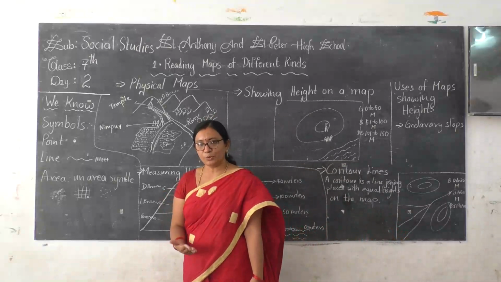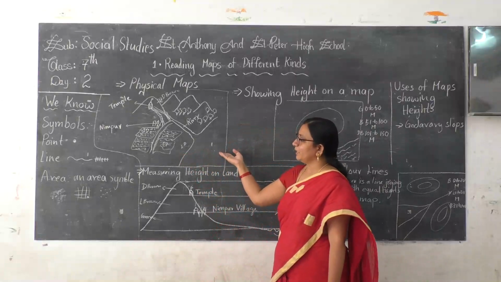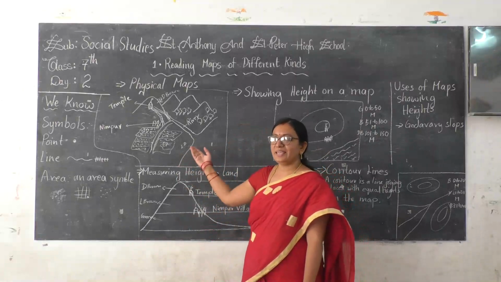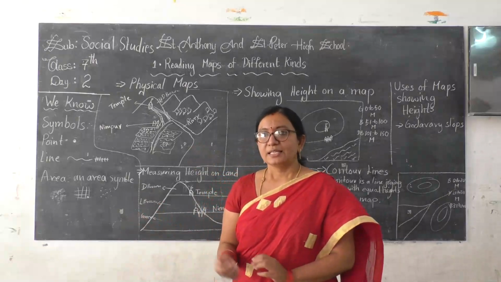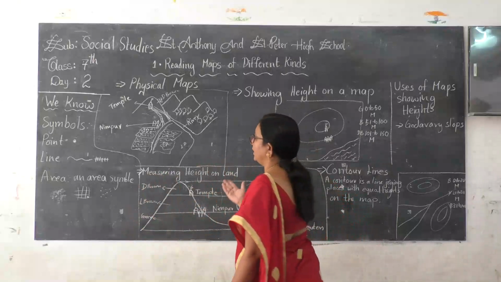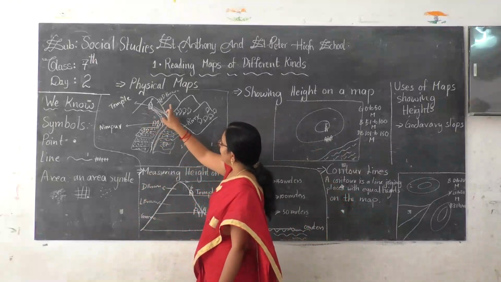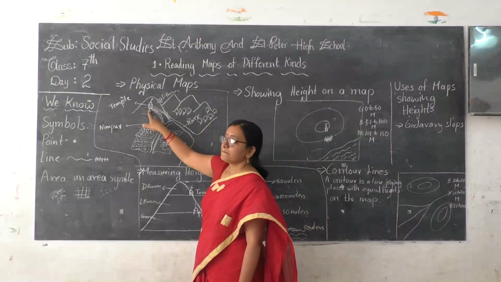If you have the textbook with you, you can see the picture of Nimpur village. Actually, we can't call it a map. This is a picture which gives information about Nimpur village. You can observe these are the mountains and the temple.